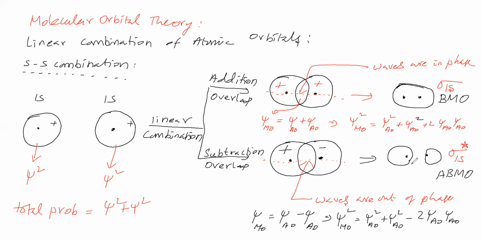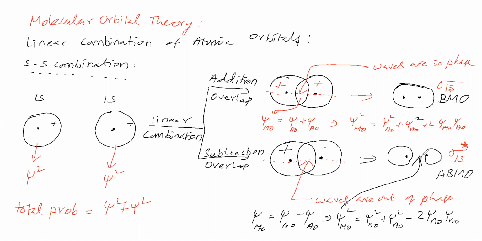Therefore, in this place, between these two nuclei, what is the probability? This probability is equal to psi square of one atomic orbital plus psi square of another atomic orbital minus 2 into psi of one and psi of another atomic orbital. Therefore, the probability here is less than the total probability.